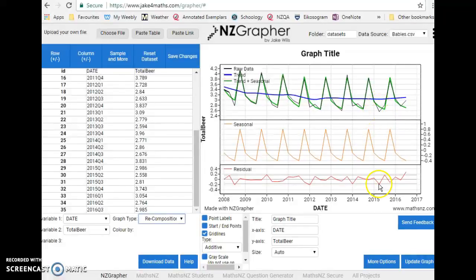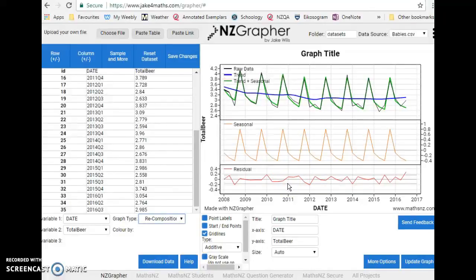So hence a big gap, big spike down here. No gap, you're on the 0 line. So there's not much gap between the model and the raw here. Not much gap here. And the biggest gap I can see down here might be in 2012, or maybe quarter 4 of 2016. Look at that distance there. And that's a plot of the residuals.